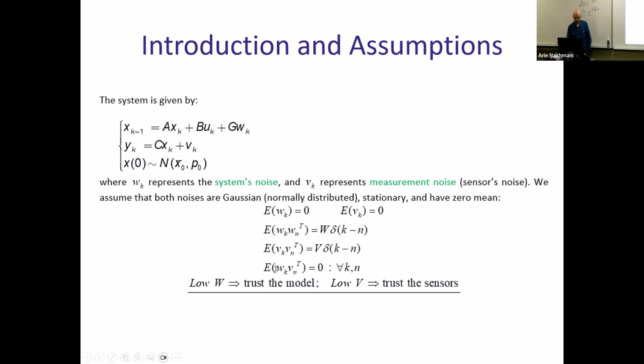And these noises will be independently distributed. So the noise V_k will not have anything correlated to W_k. They are not correlated at all. These are assumptions of the model. And this means that the expected value of their multiplication will be 0. They are not correlated in any way for any k and m.